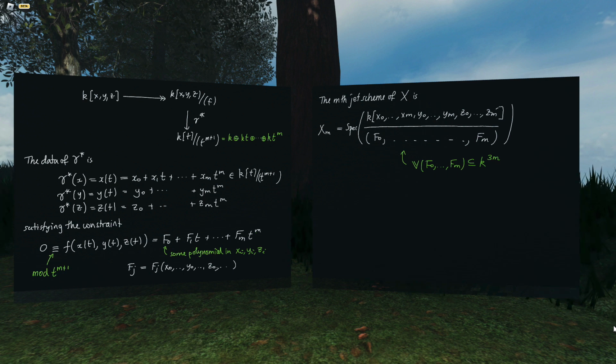Okay, so an m jet is some data subject to some constraints, and therefore we can parameterize it by points of an algebraic variety, this spectrum here. So that's it. Computing the m jet of something that's given in terms of equations is nothing more than making these substitutions, expanding, collecting terms, and reading off some more equations. Okay, any questions about that part?